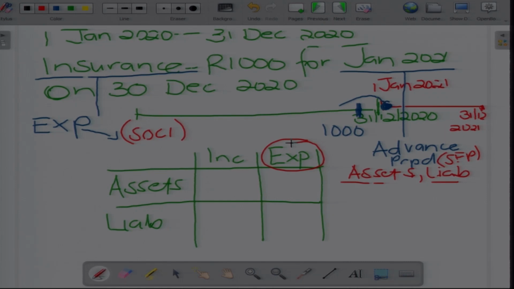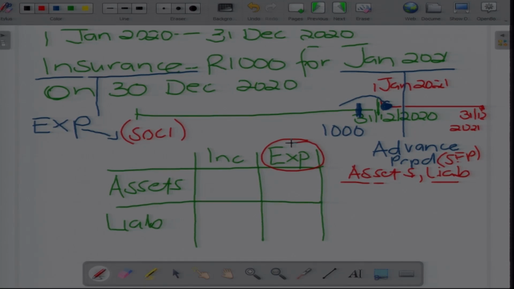Now, let me give you the example. Let's say you are now the insurance company. I am the person that's taking out insurance from you. So when there's an expense, it means normally I owe you as the company, right? But now if I've paid you beforehand, I don't owe you anything, you now owe me.